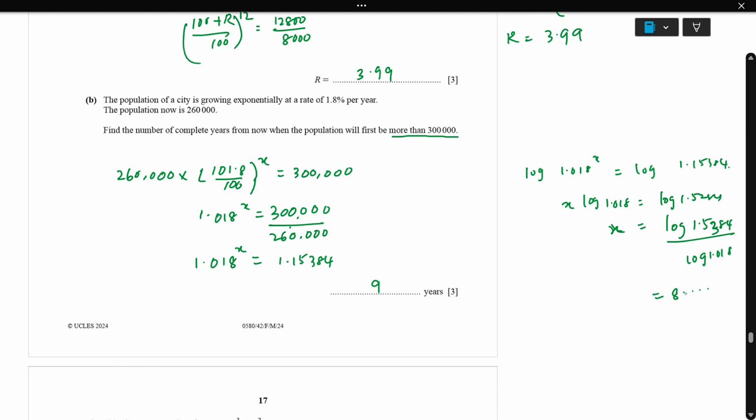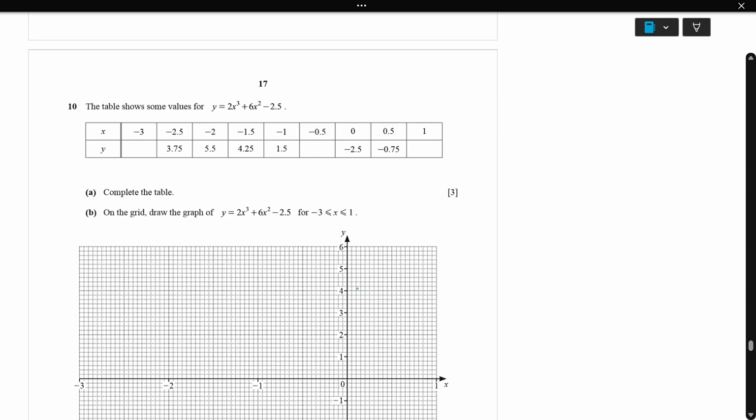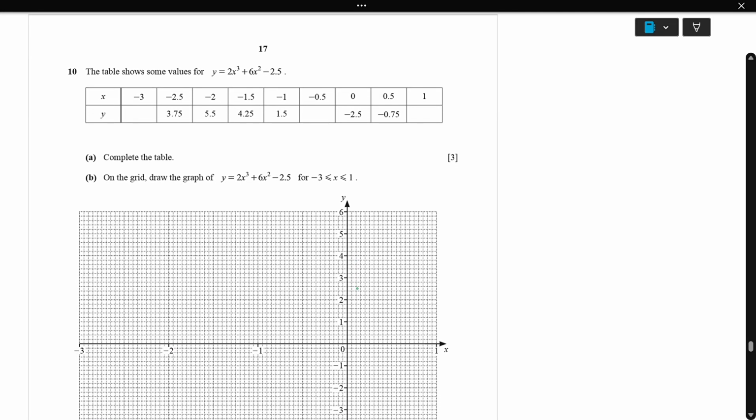The question asks for the complete year, so we write the rounded number, which is 9. The next question, question number 10: the table shows some values for the given equation, and some values are missing, so we need to fill them in. First, for -3, substitute into y equals 2 times -3 cubed plus 6 times -3 squared minus 2.5.